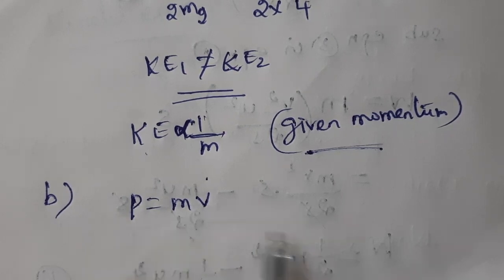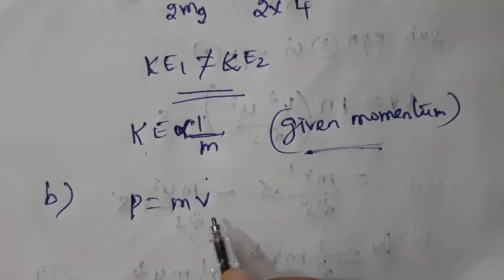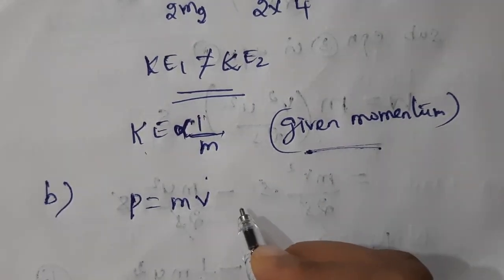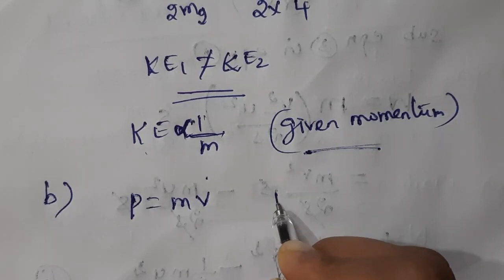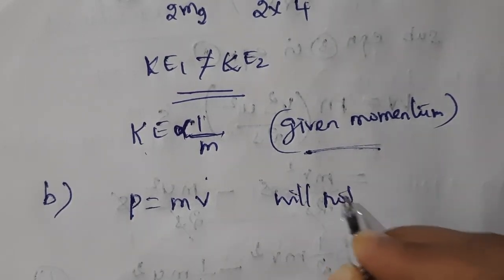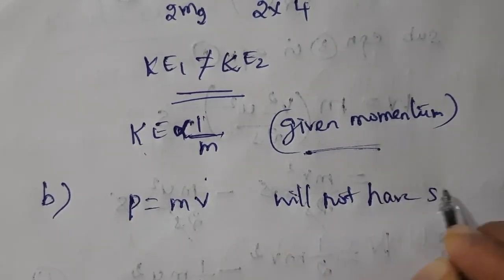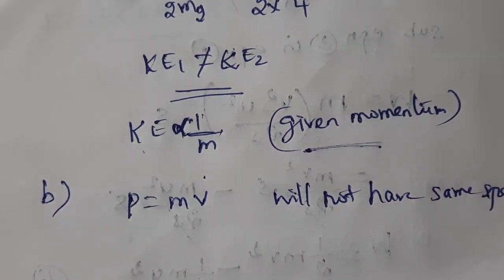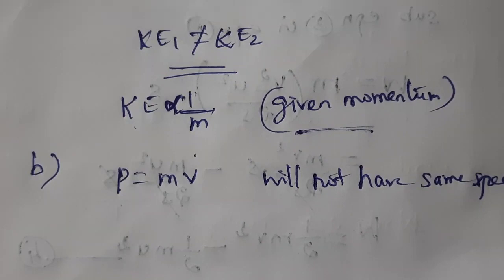The two objects will not have the same speed. Momentum is the product of mass and velocity, so the two objects will not have the same speed. Got it? I think you have understood this problem and the concept.